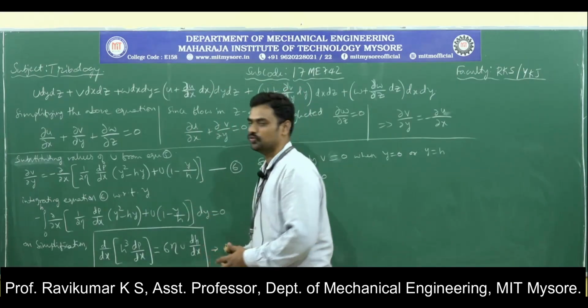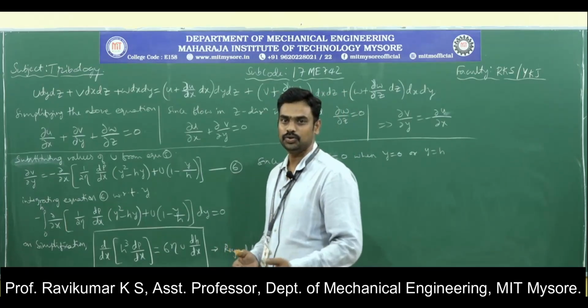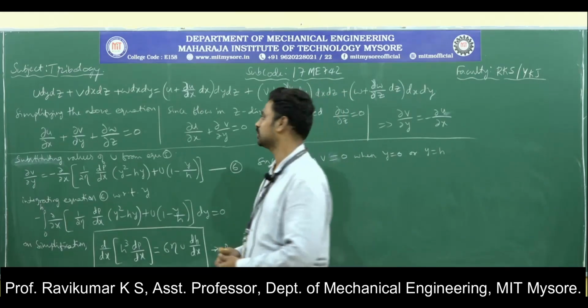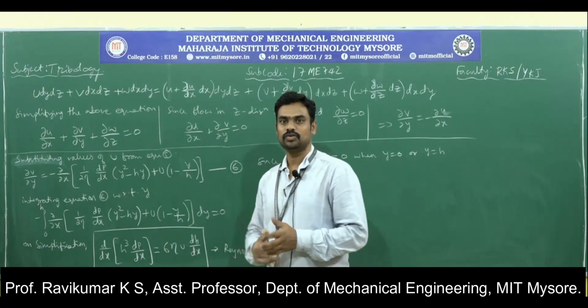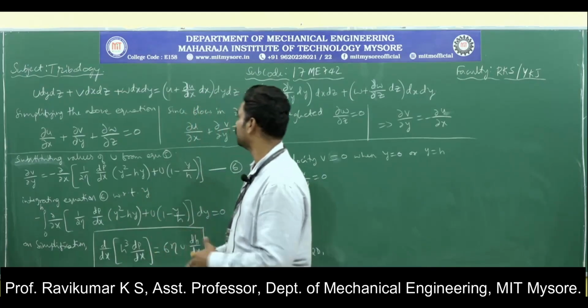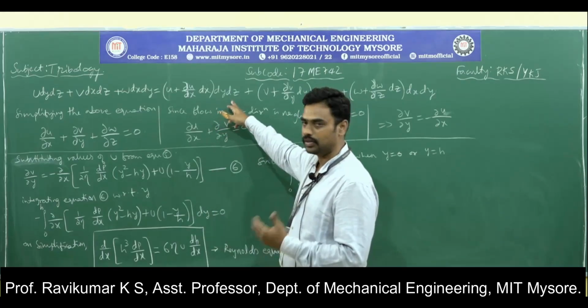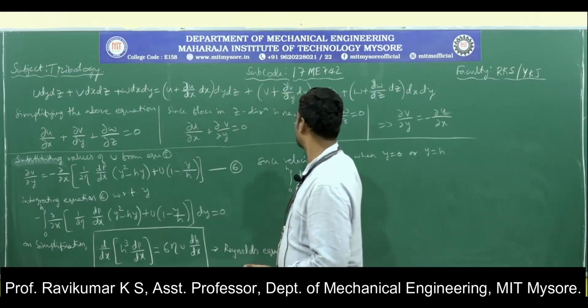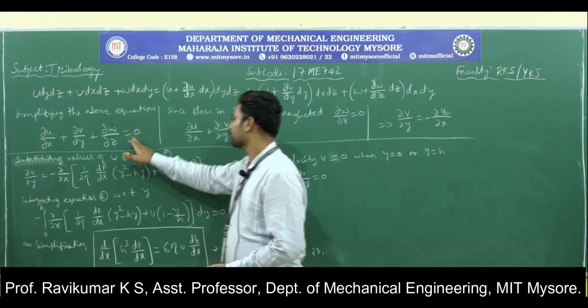The term u1 represents the parabolic velocity distribution and u2 represents the linear velocity distribution, and the volume of flow into the space and out of the space should be equal. Therefore, we can write this equation. After simplification of this particular equation, you will end up with this one.